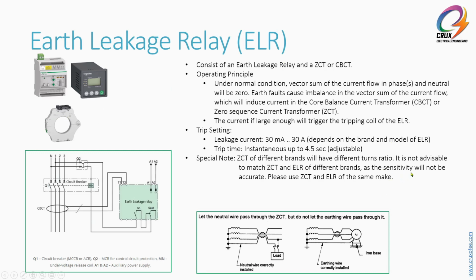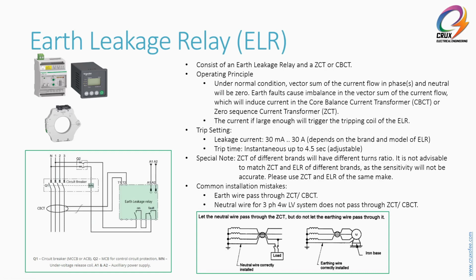So the accuracy will not be correct. Maybe oversensitive, maybe less sensitive. That's why it's always advisable, if you want to use a ZCT with an ELR, to use the same ZCT from the same manufacturer. Unless you know that the ZCTs of the different manufacturers have the same turns ratio, then it should be no problem for you to interchange with any ELR.